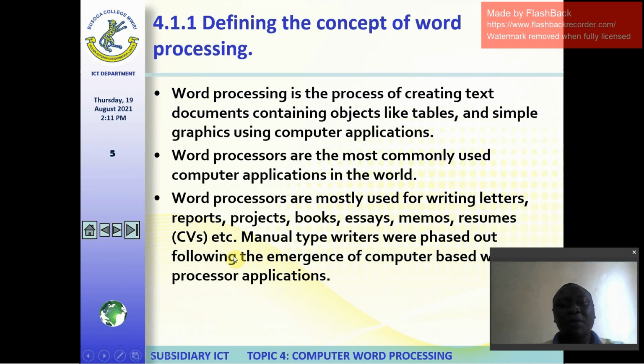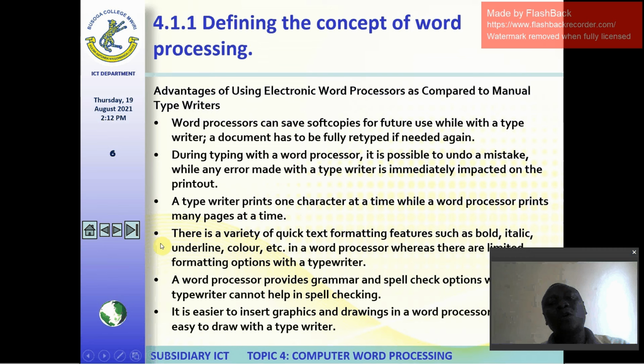Now, when we reach this part, we need to, of course, look at the advantages of using the electronic word processors as compared to the manual typewriters. This is just a comparison, but however, we can also say that let's look at the advantage of the electronic word processors and then the manual word processors.